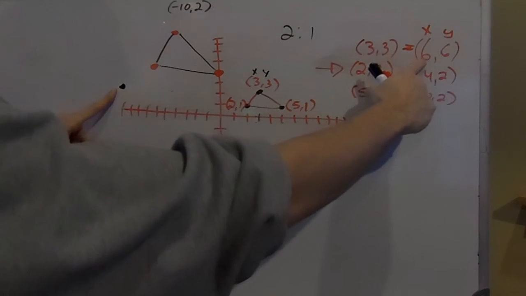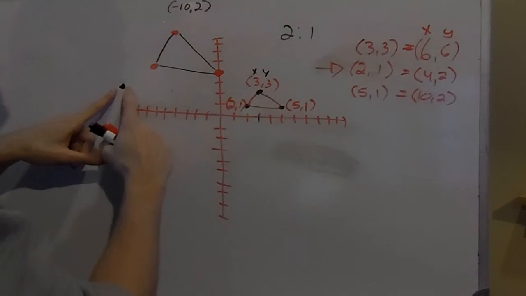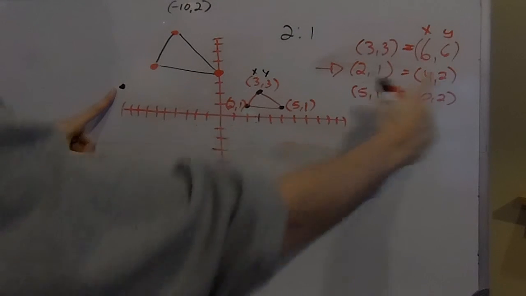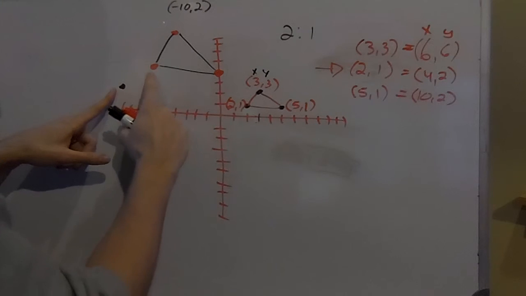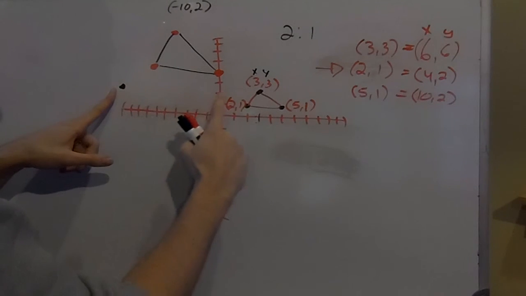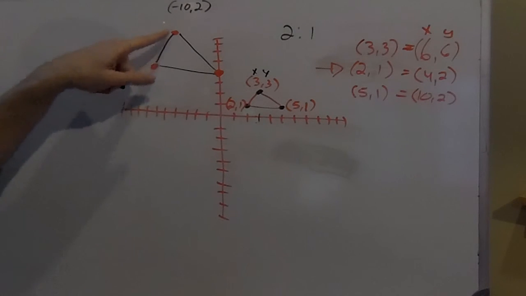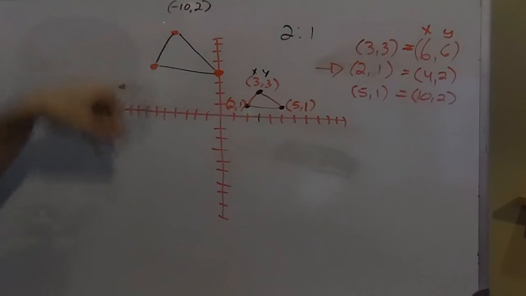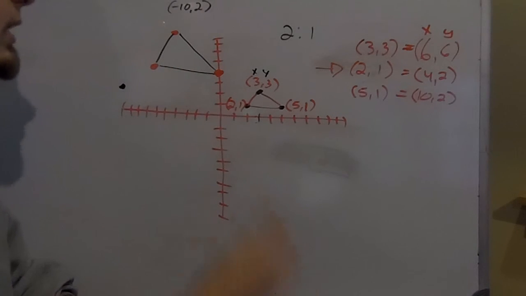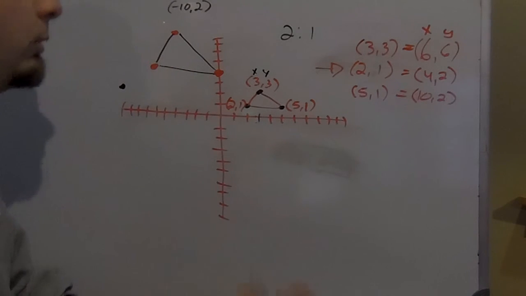The first point was over 6, up 6, so I went over 6, up 6. Next point was over 4, up 2, so I went over 4, up 2. And the last point was over 10, up 2, so I went over 10, up 2. I had 3 new points, I connected the dots, and I created a dilated triangle of my original that is now twice as big as the original.